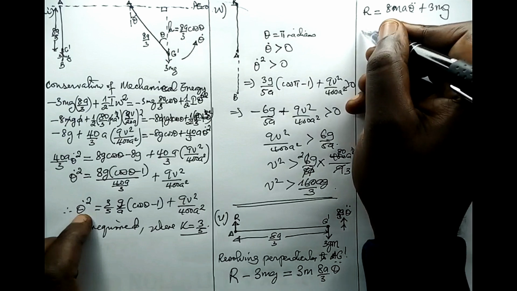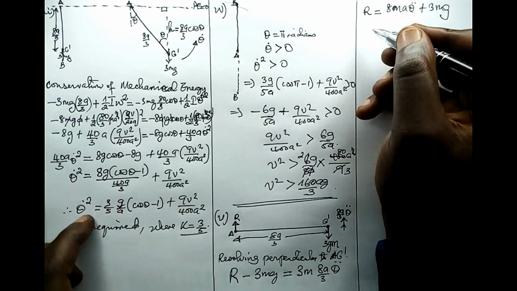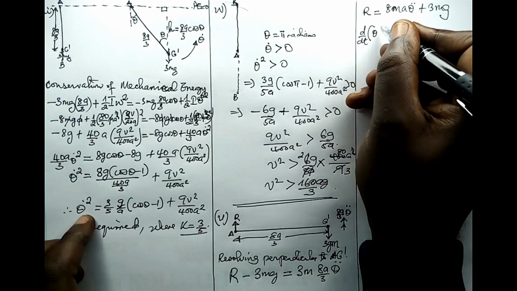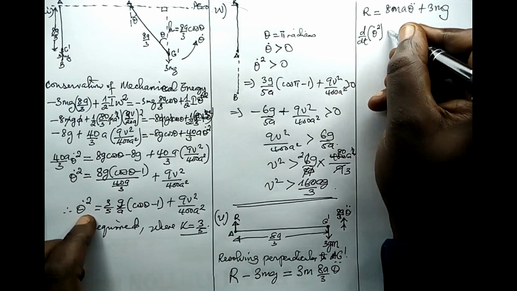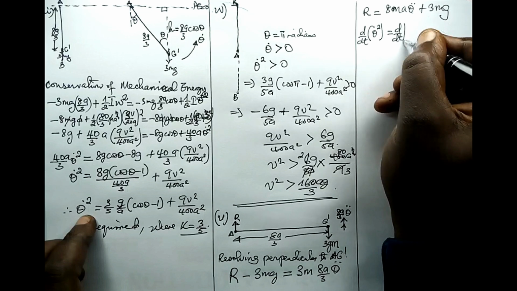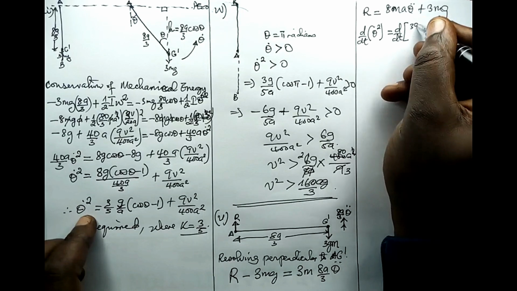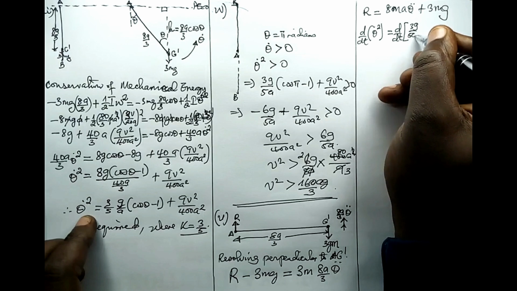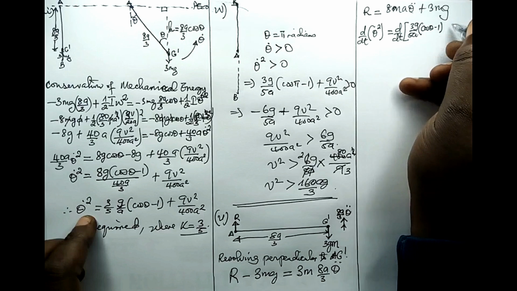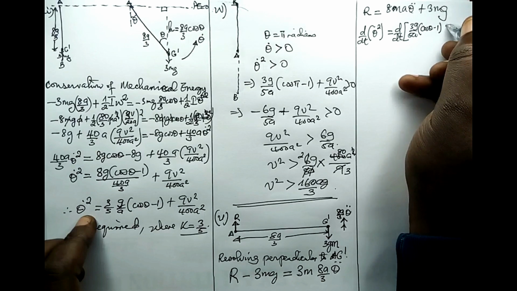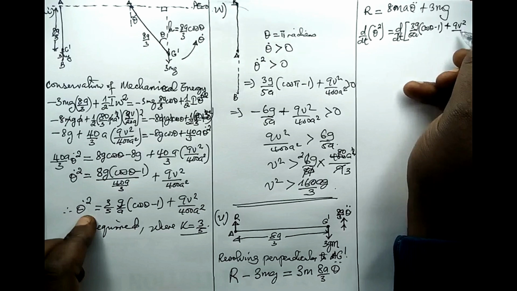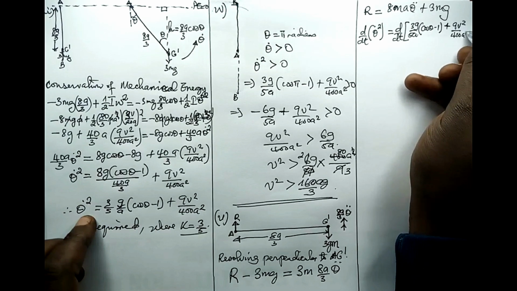So we're going to differentiate both sides with respect to t. So d over dt of theta dot squared should be equal to d over dt of 3g over 5a cos theta minus 1 plus 9v squared all over 400a squared.